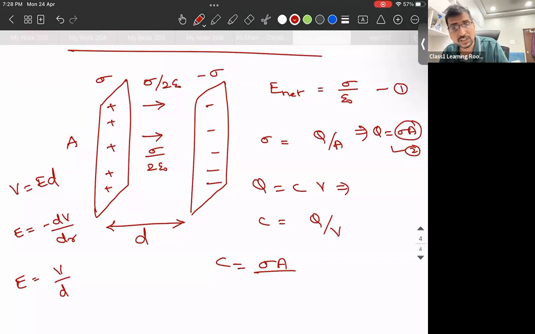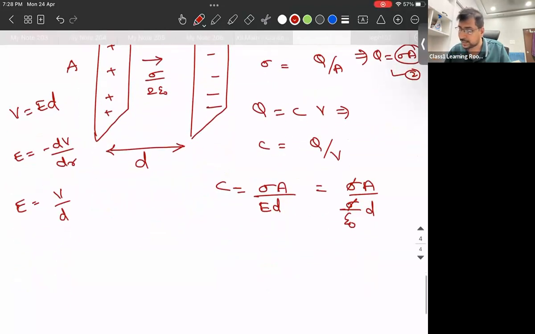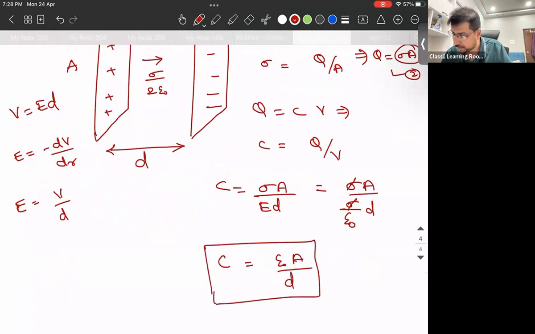So C is equal to sigma into A divided by what is the value of V? V is equal to E into D. So sigma into A divided by what is the value of E? Sigma by epsilon naught into D. So sigma and sigma will get cancelled. So capacitance will be equal to epsilon naught into A divided by D.